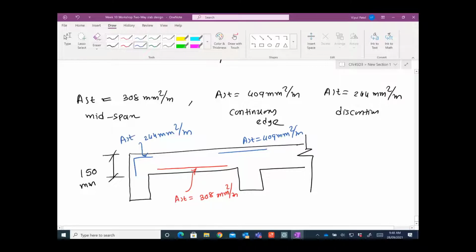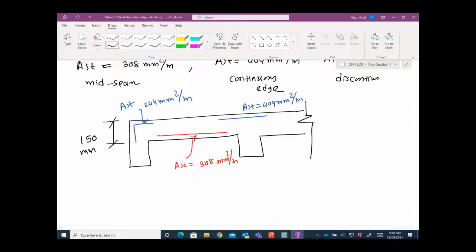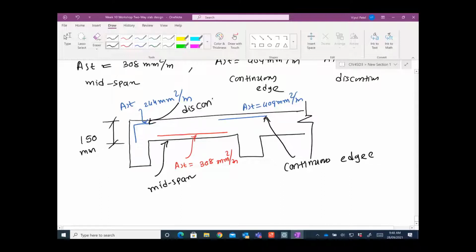That is the Ast top bar. This is your midspan, governed by positive bending moment. This is your continuous edge, governed by negative bending moment, and that is your discontinuous edge.